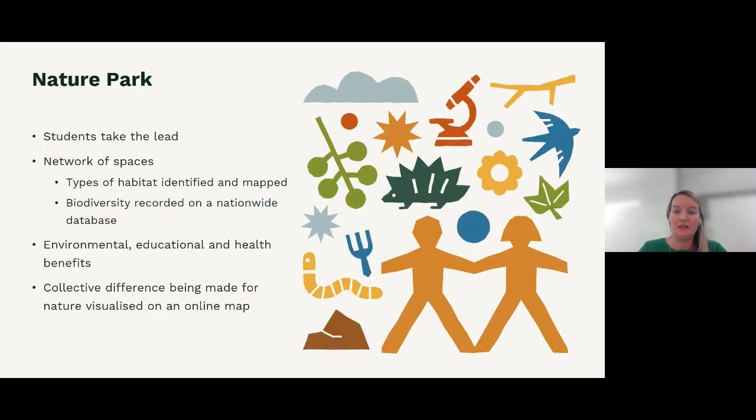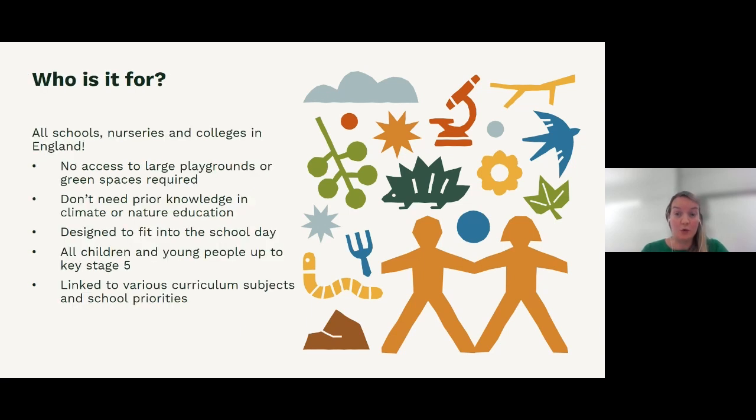We're designing the programme such that young people can take the lead and are actively involved in all stages of the programme, so they really work collaboratively between educators and learners to study and enhance their site. The mapping tools we'll share today will enable you to track your progress and visualise this collective effort and collective achievement across the country.